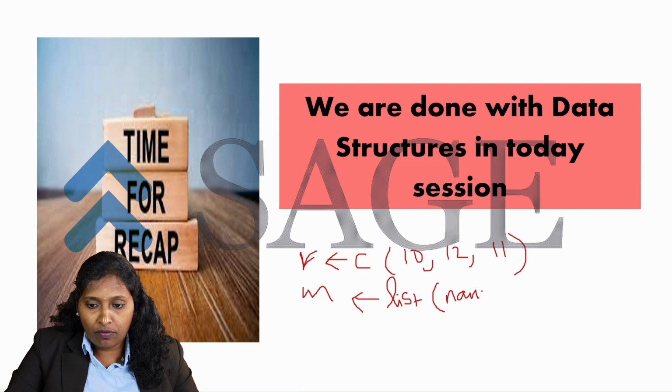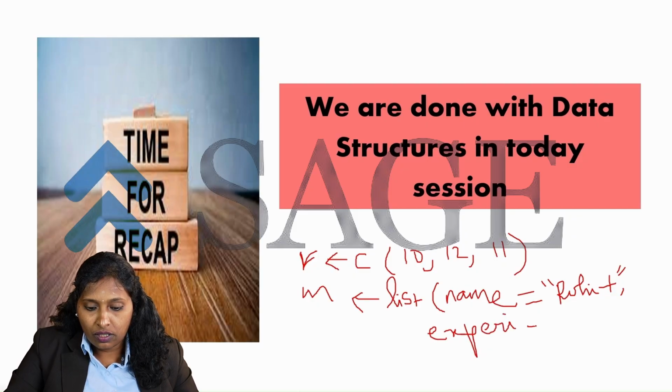Inside the list, you are writing the name. So this you can perform in RStudio. Name is equal to Rohit, and try executing and try to read the error. If there is any mistake, we will discuss in the discussion session platform. Name is equal to Rohit, comma, experience is equal to 10.